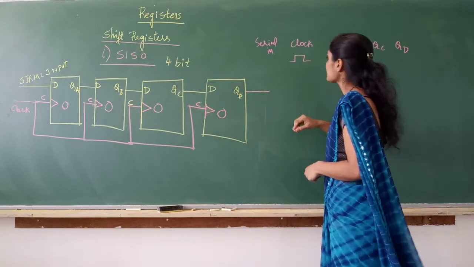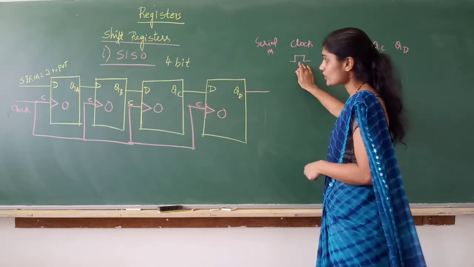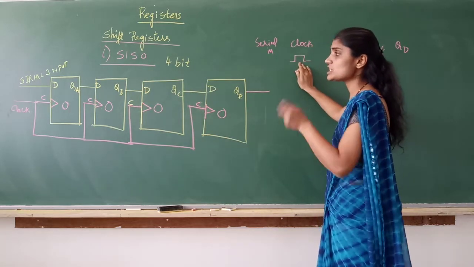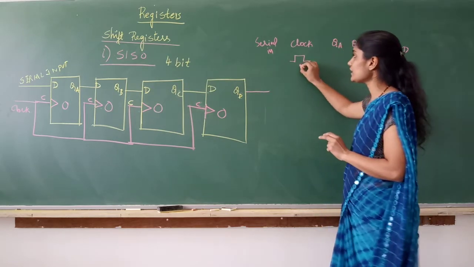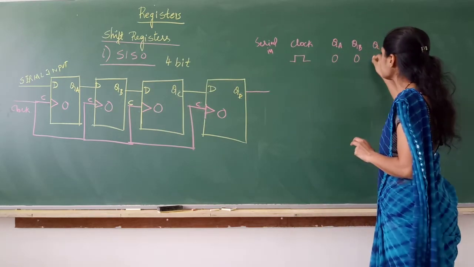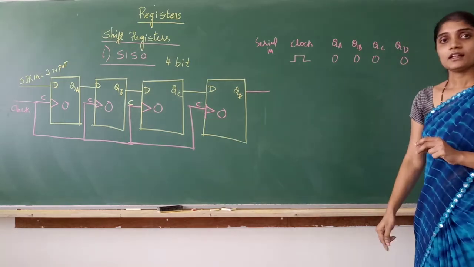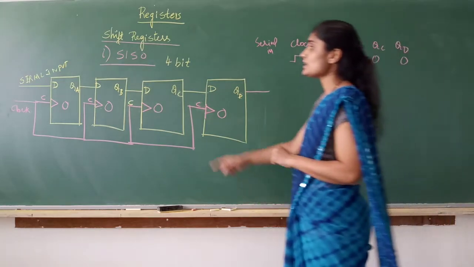Before I start storing some information, what is the content? I have cleared all the flip-flops, so the content of these flip-flops is 0, 0, 0, 0.